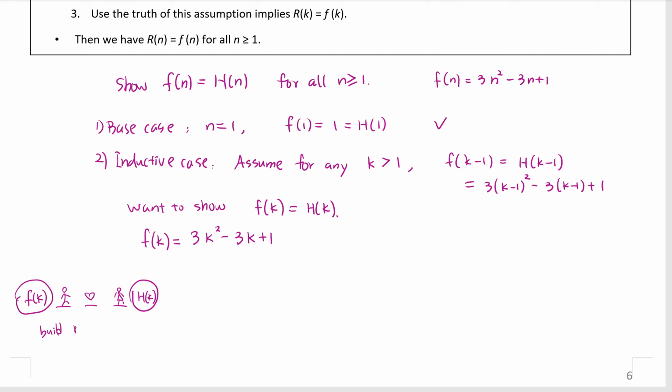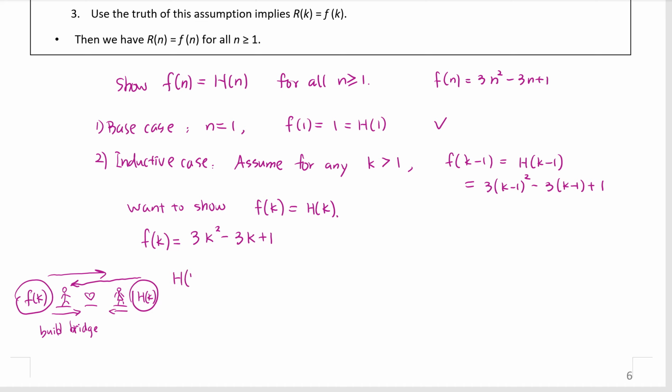So one way is we start with Fk and arrive at Hk, or we can start with Hk and change it until we get the formula that looks like Fk, or we can start from both directions and meet in the middle.